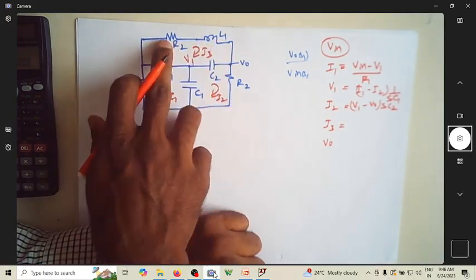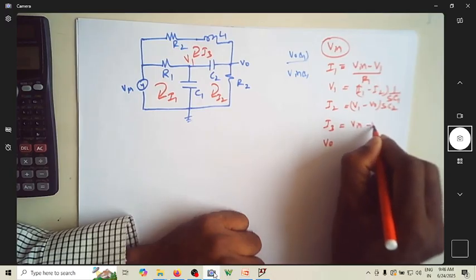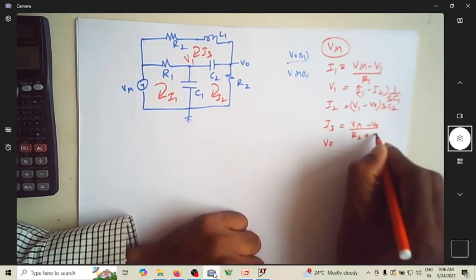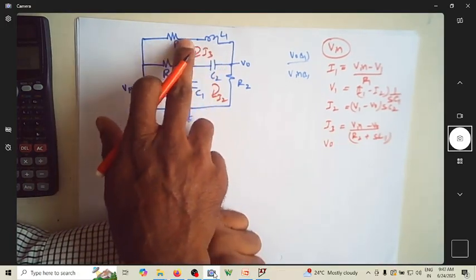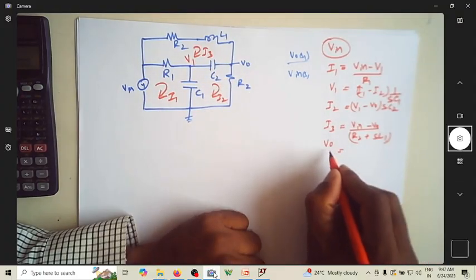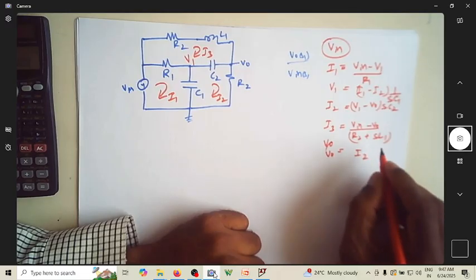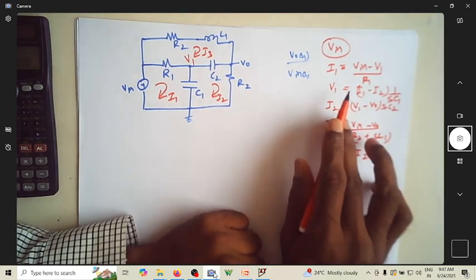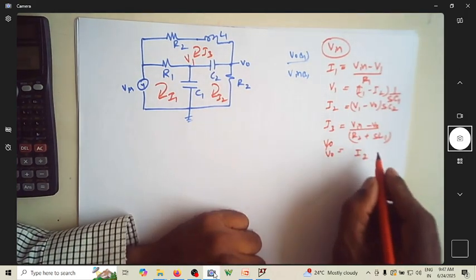I3 in this loop is nothing but Vin minus V0 divided by R2 plus SL1, the series combination. And V0 is nothing but this drop. So V0 is I into... one slight mistake. I'll tell you what I've done, so let me come back to that.